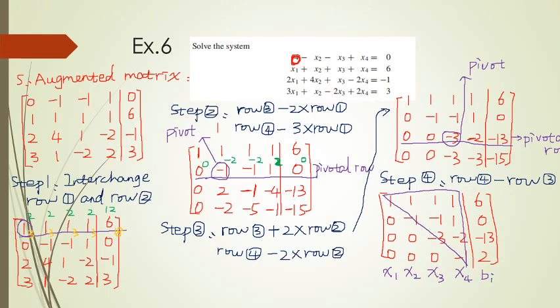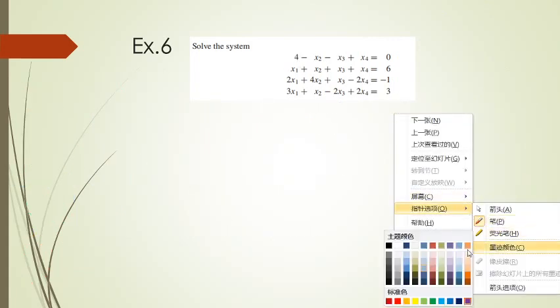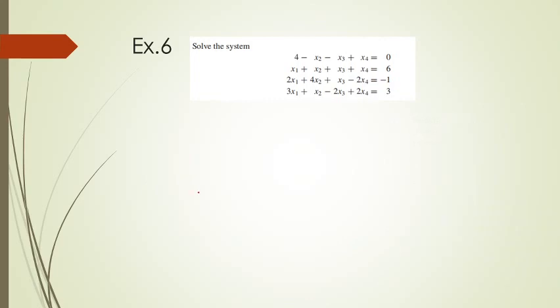Let me use a new page. I will write this matrix again. Let me show you the strict triangular matrix, and then we rewrite it as a linear system.